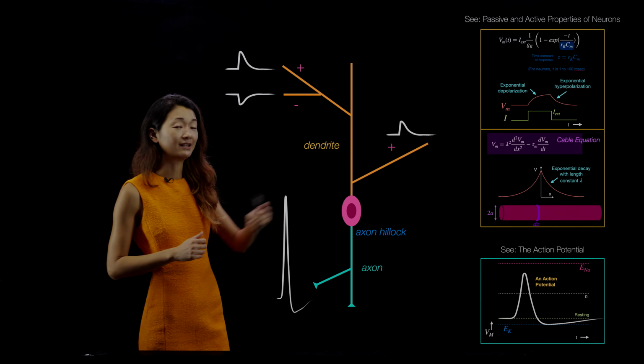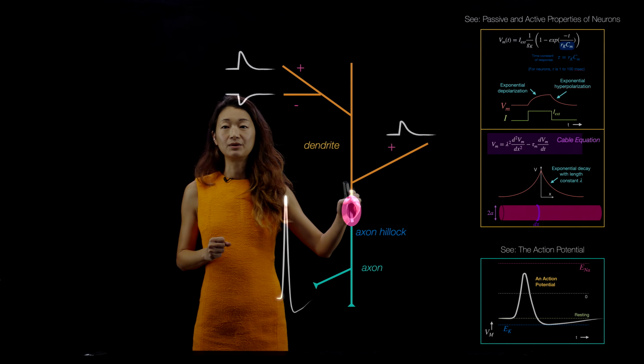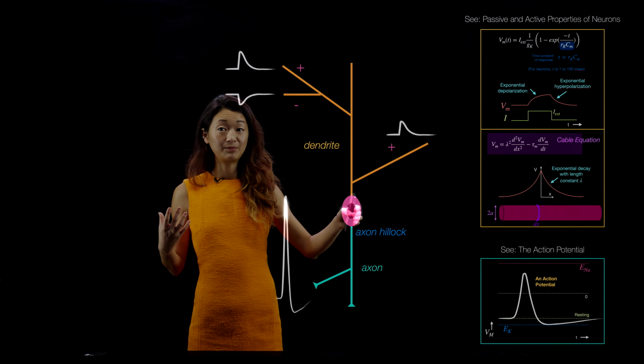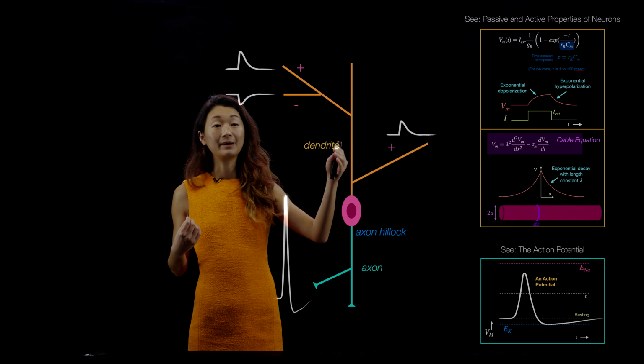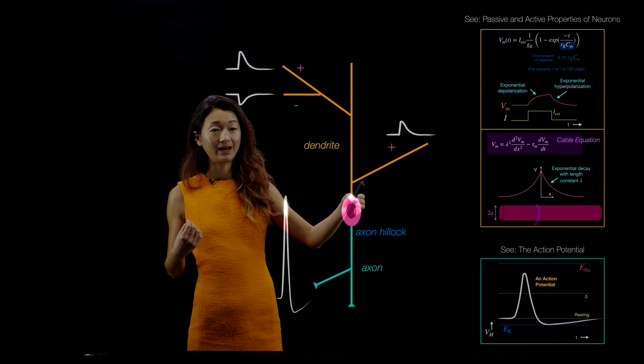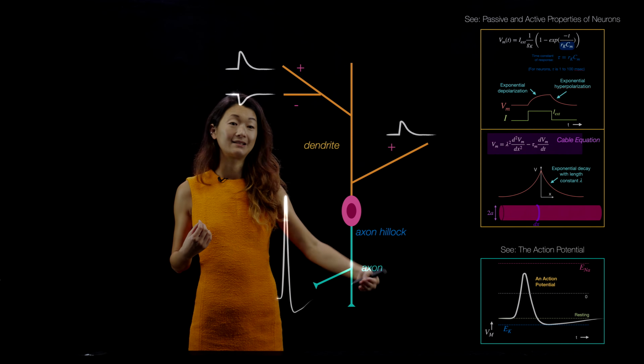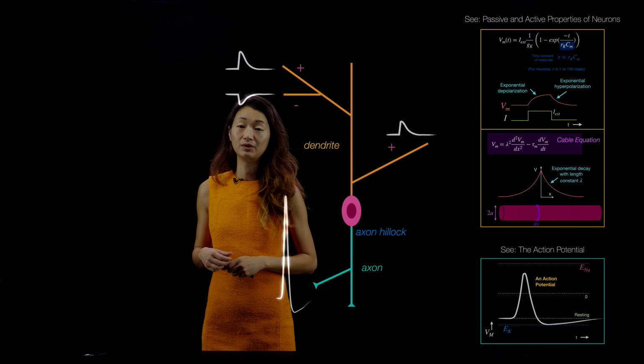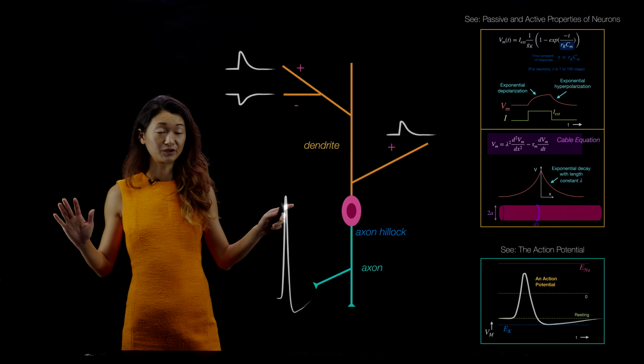And as we learned about in the action potential video, these action potentials, because the voltage-gated sodium channels are inactivating, cannot propagate backwards. So once it's generated at the axon hillock, it's going to go forwards, and it's unable to travel backwards, upwards towards the cell body. This is a generic version of what happens.